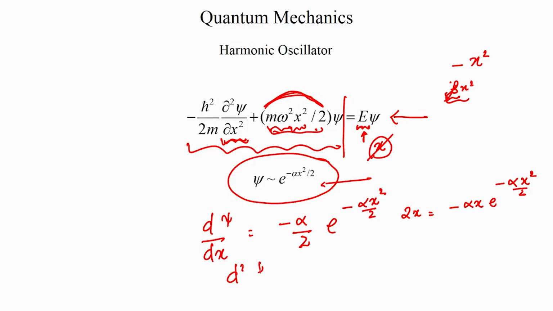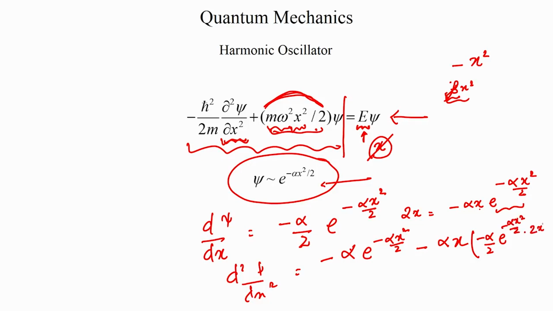What is d square psi by dx square? d square psi by dx square is minus, so you first take the differential of the x, so it's minus alpha e to the power minus alpha x square by 2, minus alpha x, and you again differentiate this term once more, and you will end up with minus alpha by 2 e to the power minus alpha x square by 2 into 2x.